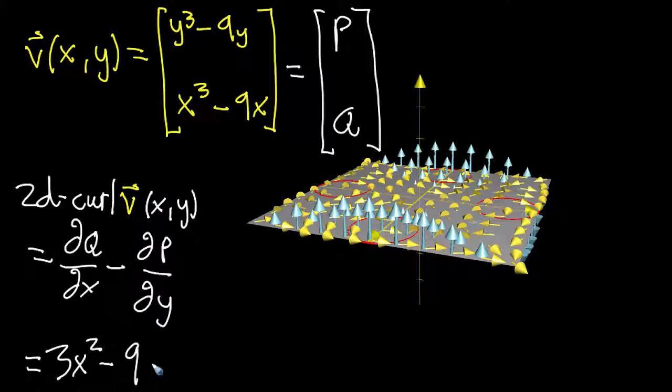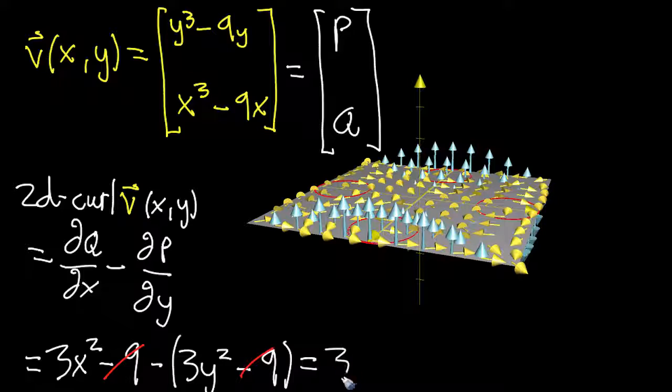I actually did this in another video where this is the example that I do. When you take the partial of p with respect to y, you're taking the derivative of this top part with respect to y, and that's 3y squared minus 9. And what you can do is you can say this minus 9 cancels out with that, minus minus 9. So these cancel, and what you ultimately get is 3x squared plus 3y squared.